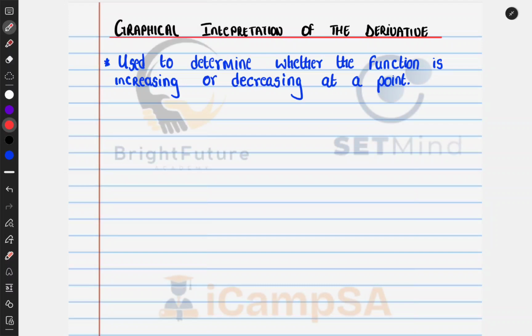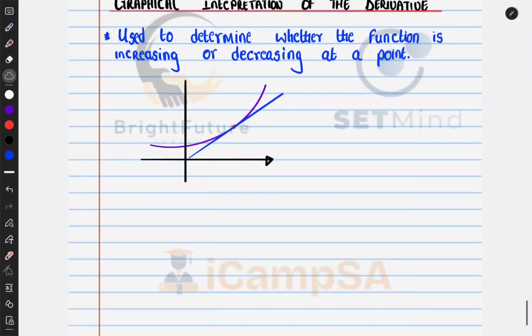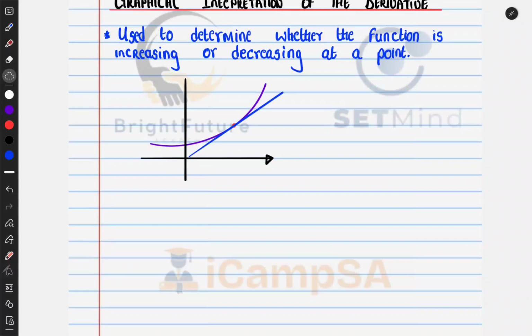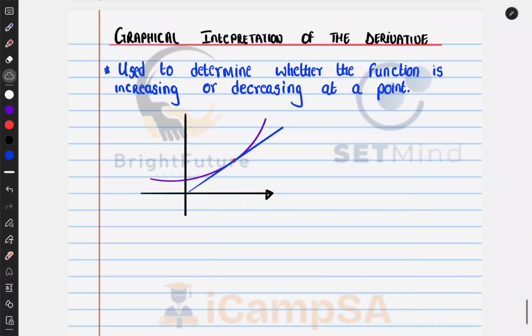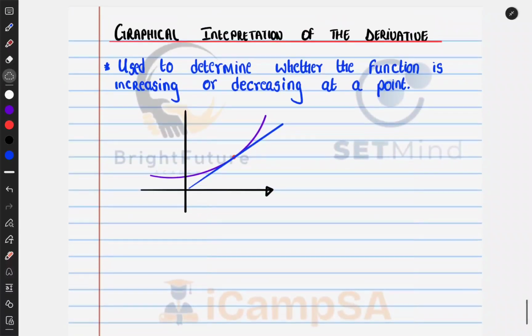Remember that a derivative gives us the gradient of the tangent, so let's say we have a function like this, let me also draw the Cartesian plane, and at some point here we have the tangent to the function, that line that you see there. Since the derivative gives us the gradient of the function, we can use it to determine whether the function is increasing or decreasing.